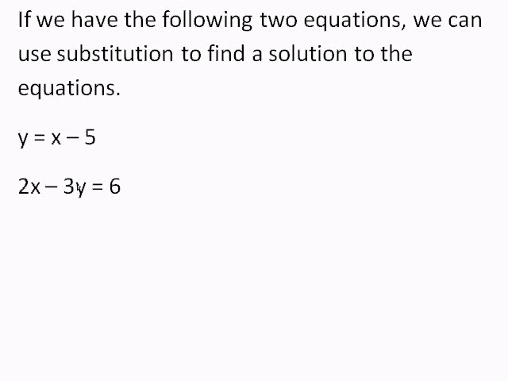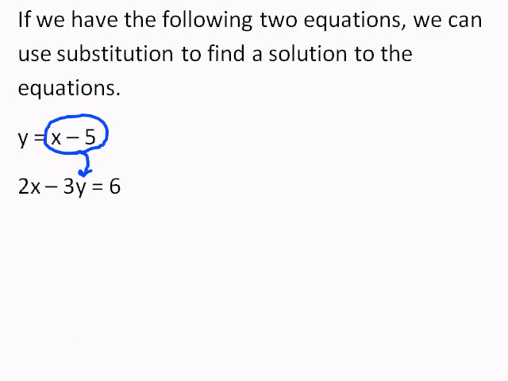Substitution again means that we replace one thing with another. So y is equal to x minus 5. That means that in both equations y has to be equal to x minus 5. So I can take x minus 5 and I can substitute that entire expression in for the y in the other equation.